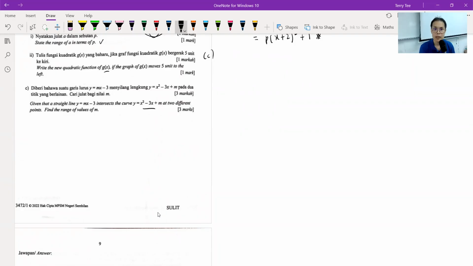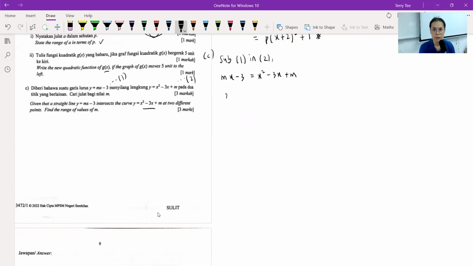Now when 2 lines intersect each other, we can call this equation 1, call this equation 2. We can substitute equation 1 inside equation 2, solve them simultaneously. The first one is mx minus 3. The second one is x squared minus 3x plus m.